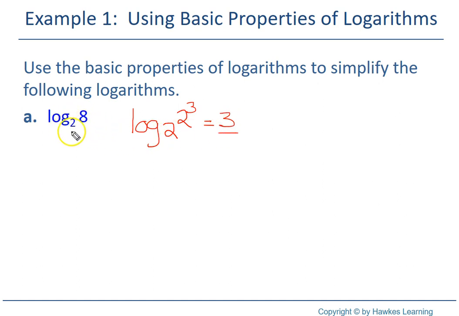Now you probably could have figured this one out too by just going to its exponential form. Base 2 to what exponent is going to give you 8? And if you recall, that was 3.